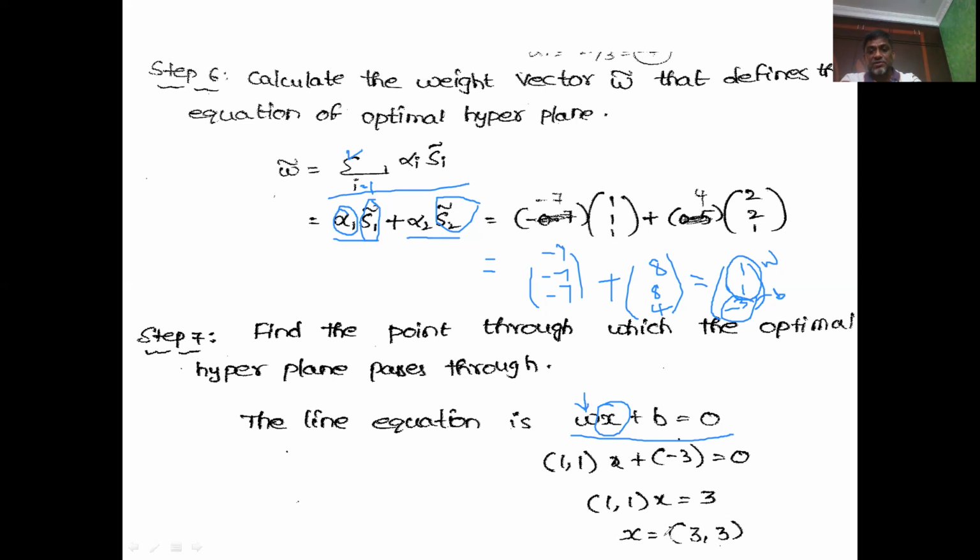So if you observe this, what are the possible values for x here to get this 3? Assuming that this is a dot product, x may be (3, 0), or it may be (0, 3).